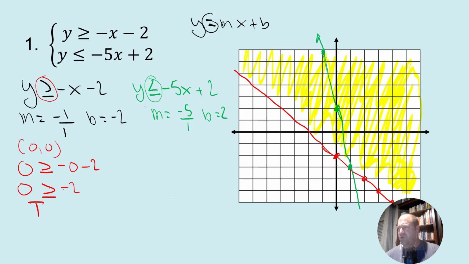Now we have to figure out what direction we are going to shade. Are we going to shade to the right or to the left? An easy point to choose, again, is 0, 0. If 0, 0 is true, we can shade to the left. If 0, 0 is false, we can shade to the right. So let's test that in our inequality.